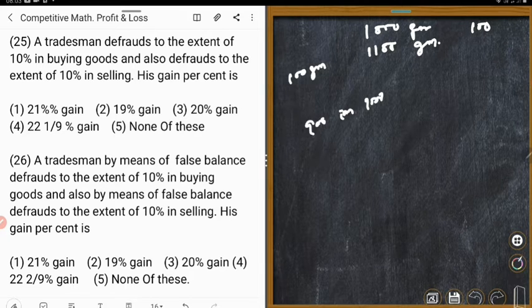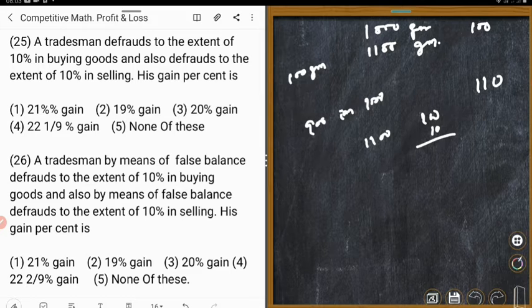Could you understand? So, here he makes a 10% profit. Actually, he bought 1100 grams at 100. Make it 10% profit. 10 only, it becomes what? 110. Right? 110.